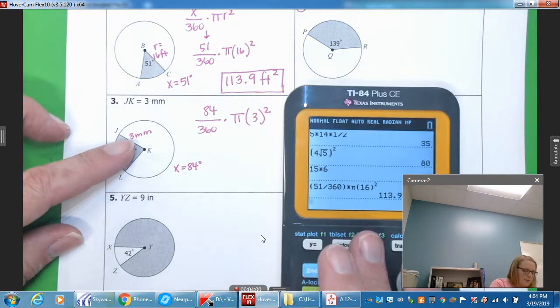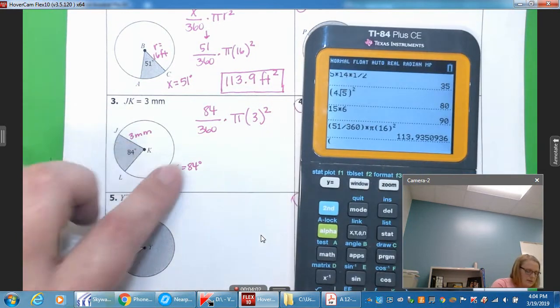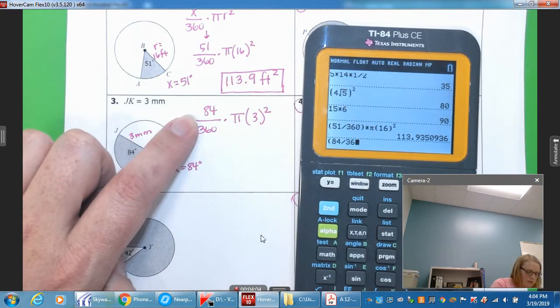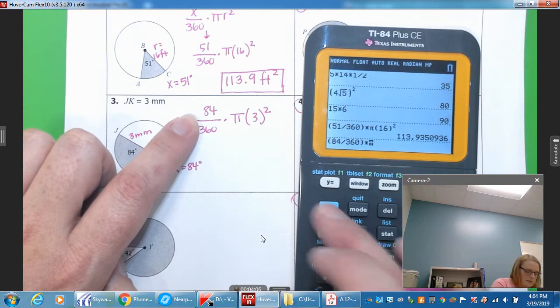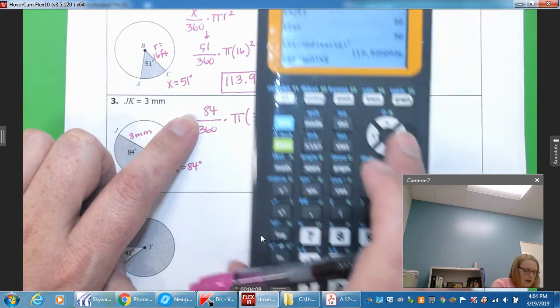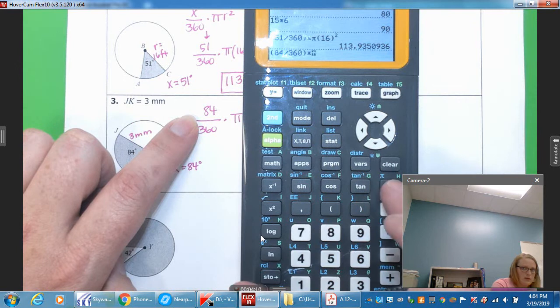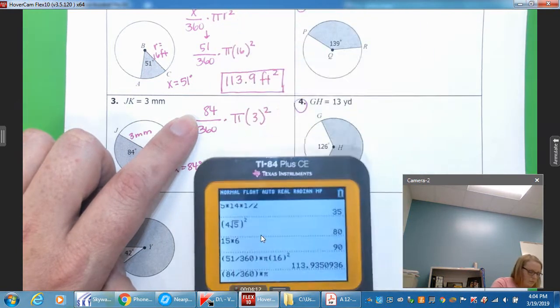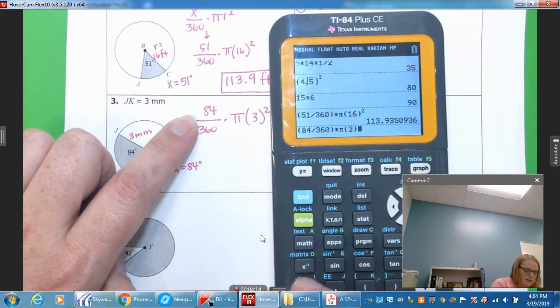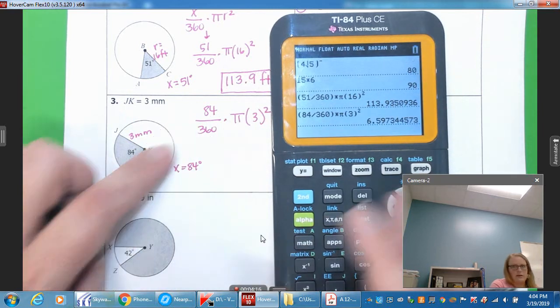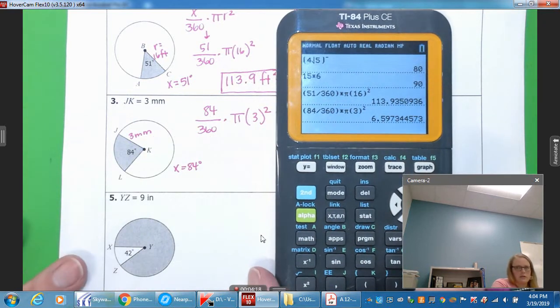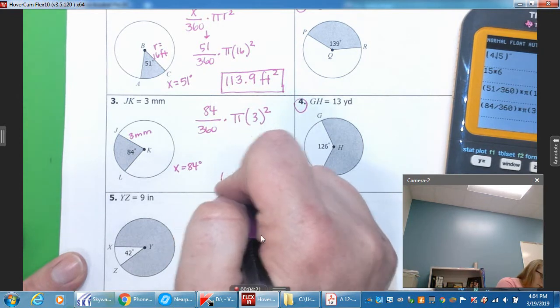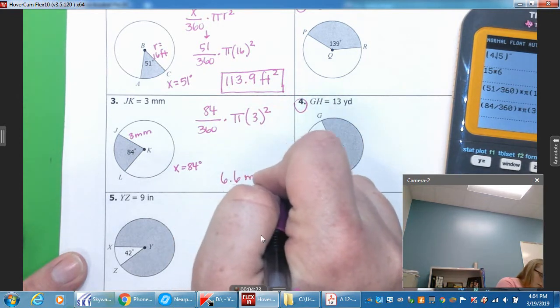And again, when I type it in my calculator, I'm going to use the parentheses and the division, so 84 divided by 360 times, remember to hit second, and then that pi button's right here underneath clear, pi, parentheses 3 squared. And I get 6.6 if I round. 6.6 square millimeters.